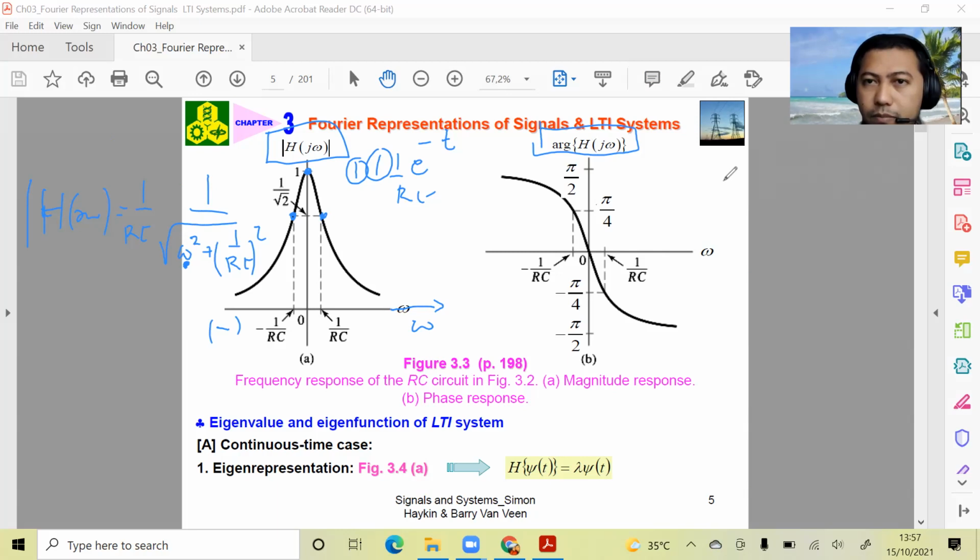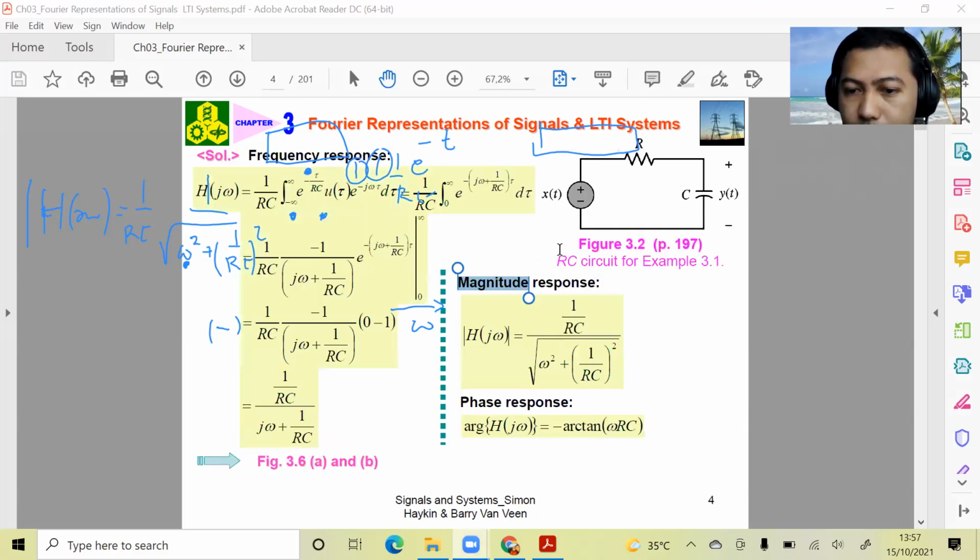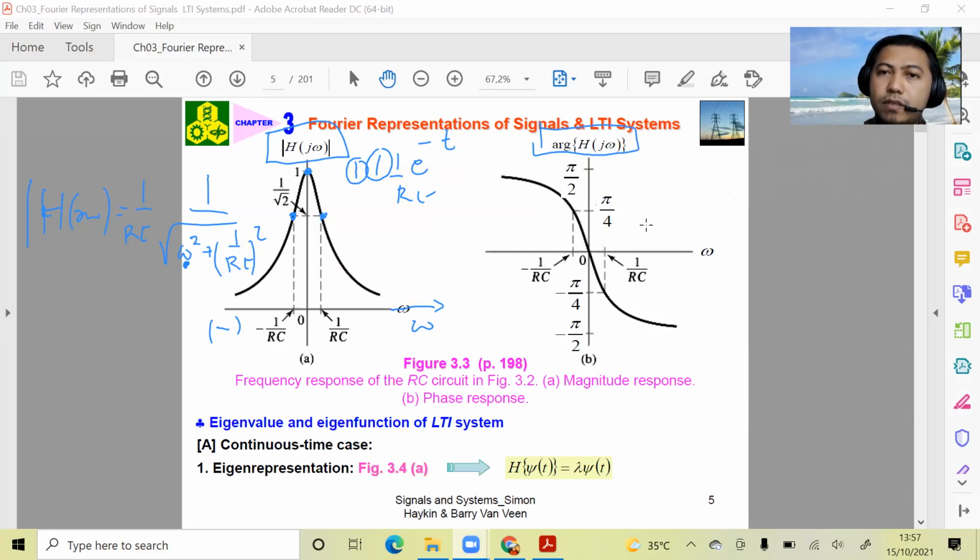You remember, wait a moment. Yeah, this is minus inverse tangent of omega RC. So still the omega is the variable, so it changes with respect to the omega, and you can see here the graph is like this.